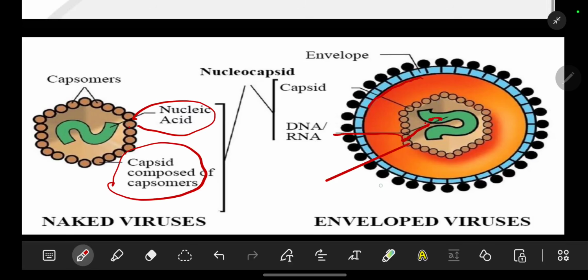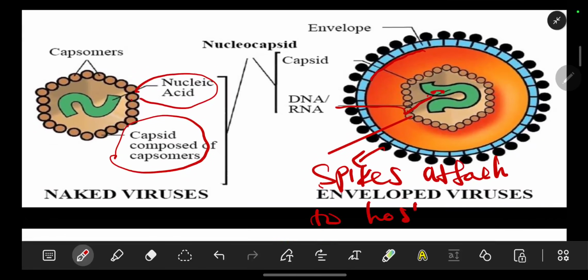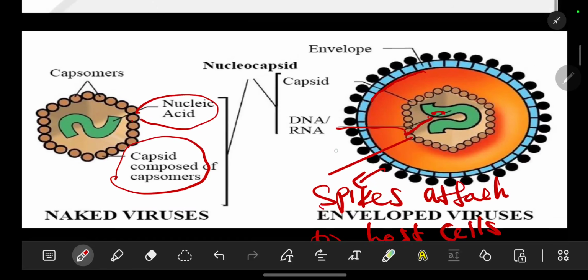Then these are spikes. These spikes are useful for attaching to host cells. Then the genetic material can be used in producing new ones when it invades a host cell.